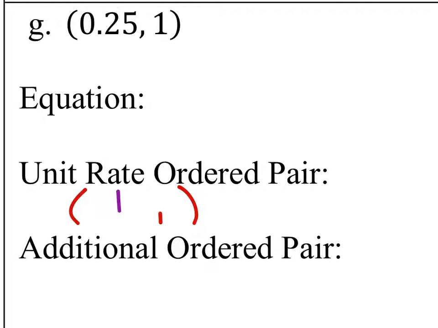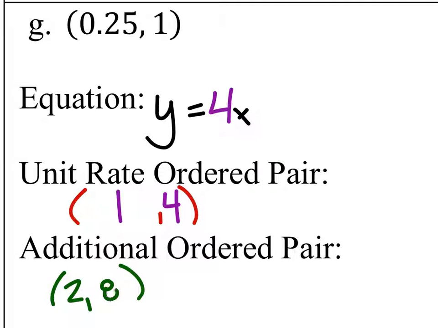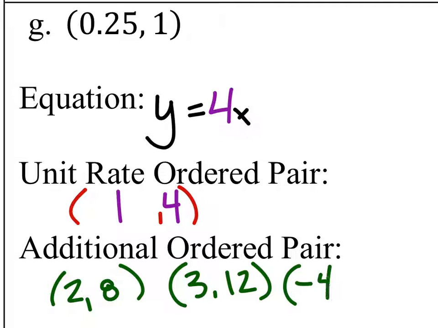So the ordered pair is 1 and 4. So the equation is y equals 4x, very nice. What are some other ordered pairs that work on this? 2, 8. 3, 12. What if it was negative 4? Negative 16, very nice.